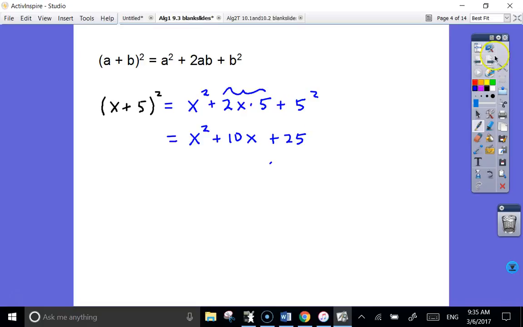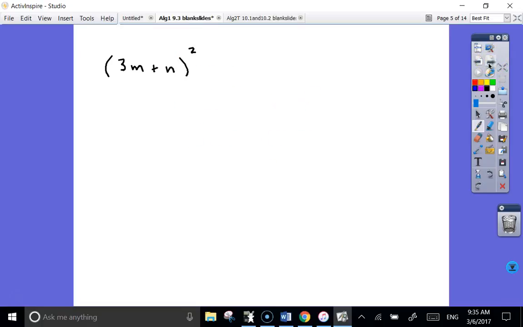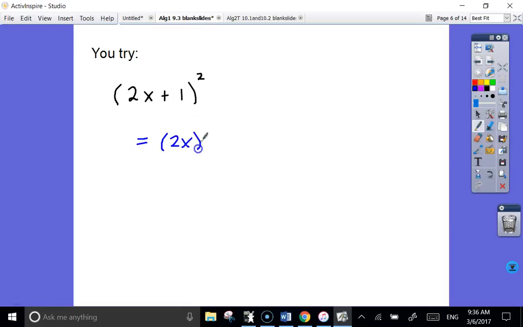Okay, try this one. This will be your you try. I'm going to skip over. Just go ahead and do the you try right there. Okay. So again, by the formula, it should be the first term squared, the last term squared, and then what is the middle?